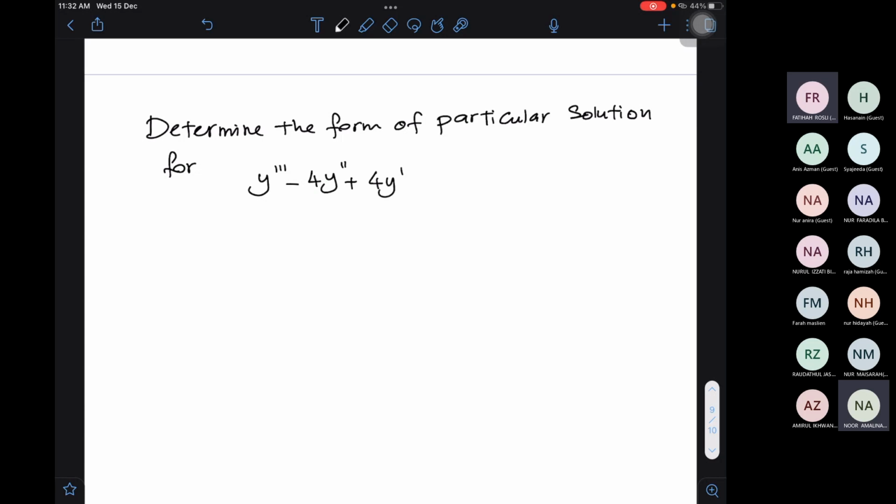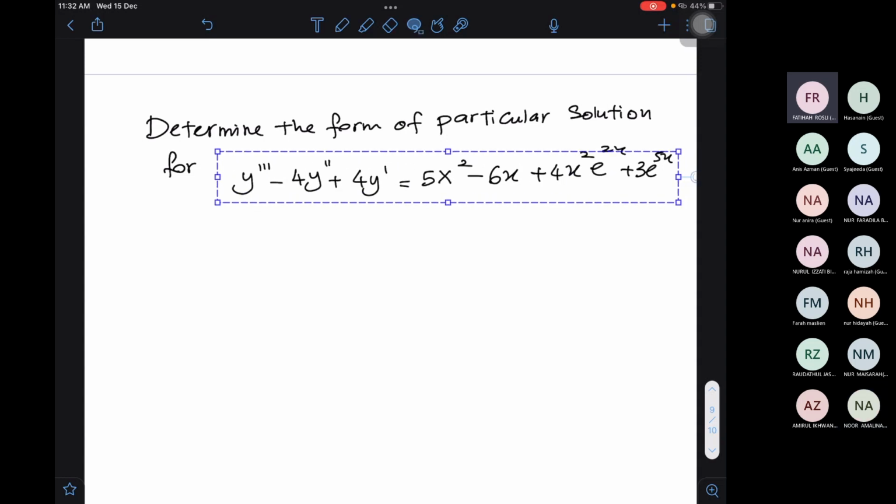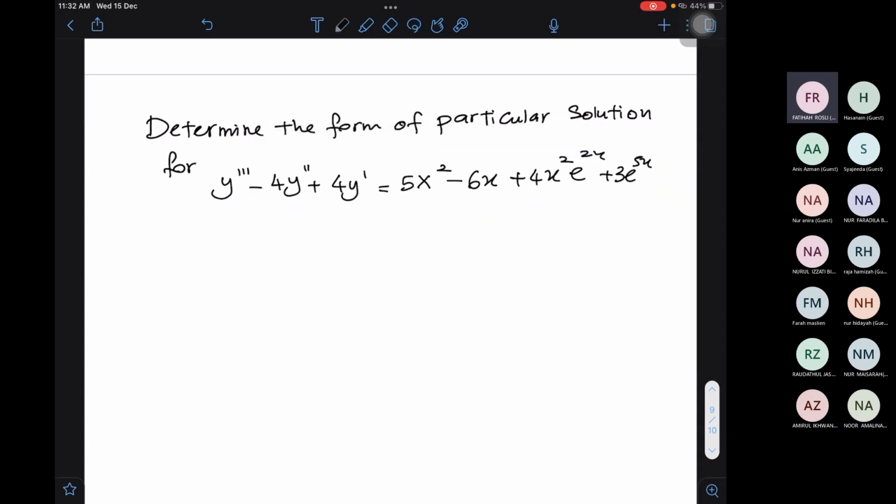Ni soalan final soalan parsial. 5x kuasa 2 tolak 6x tambah 4x kuasa 2 eksponen 2x plus 3 eksponen 5x. Over gila dia punya gx. Panjang gila.